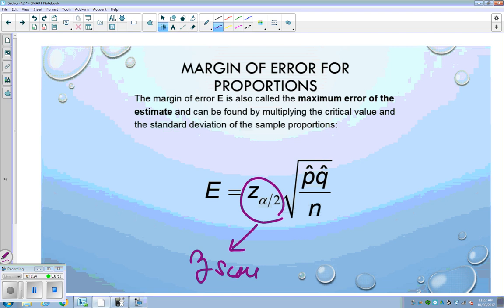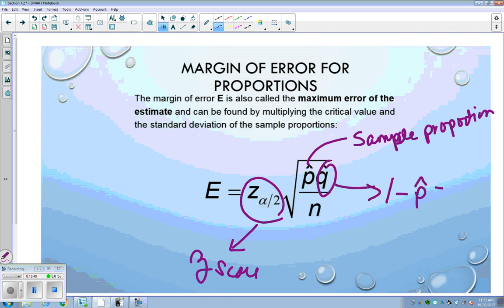And then P hat is our sample proportion, which you know. Q hat, anybody, Q hat? 1 minus P hat equals Q hat. You remember?